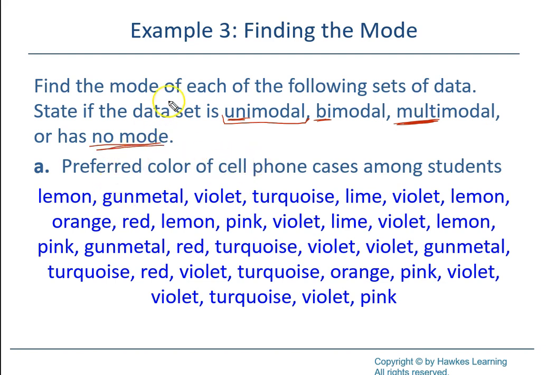So as we look at example 3, and again, you're writing this in your notes, you don't have to write all of this down, here someone is looking at cell phone cases and they're wondering, is there a mode of the color of these cases that are selected most often?